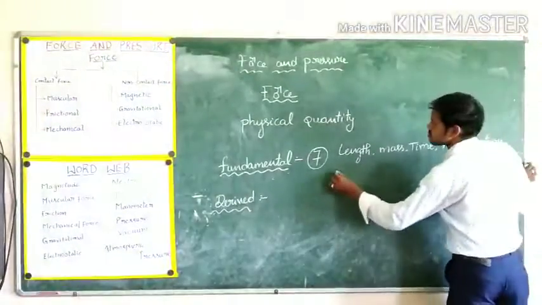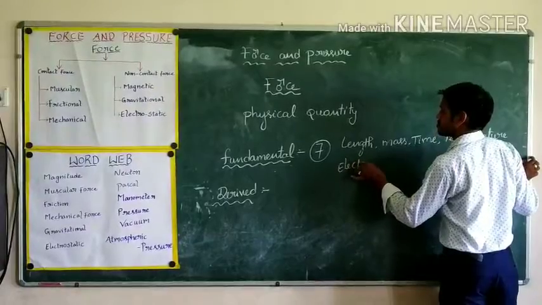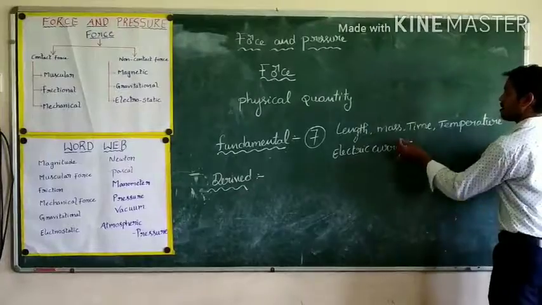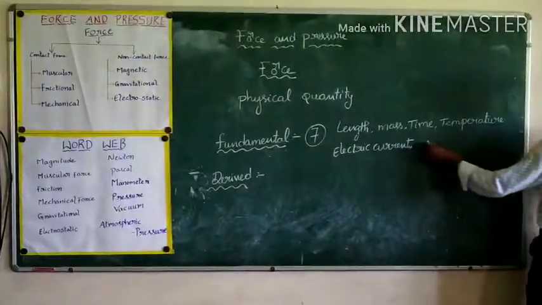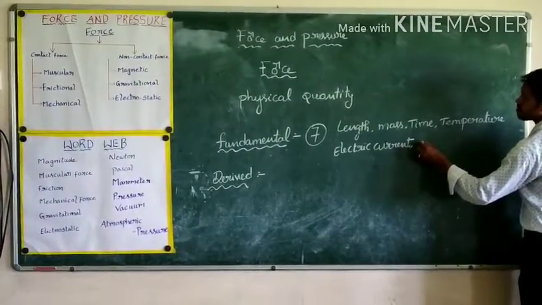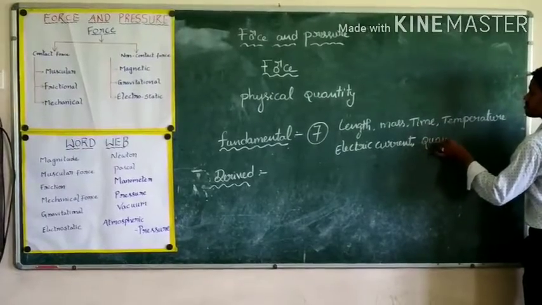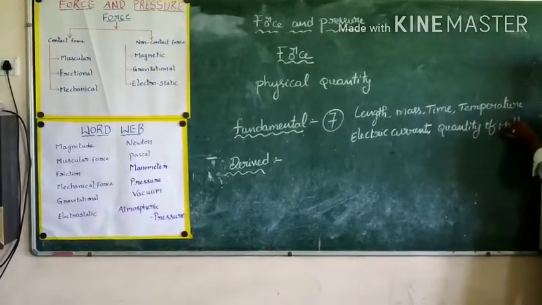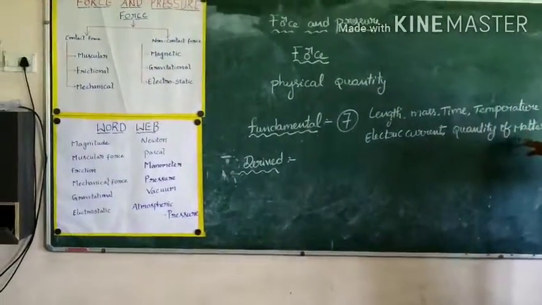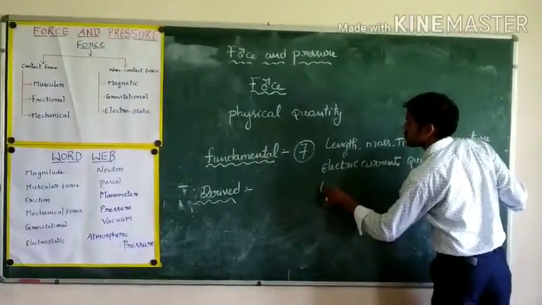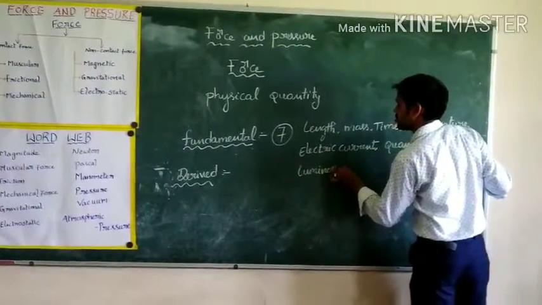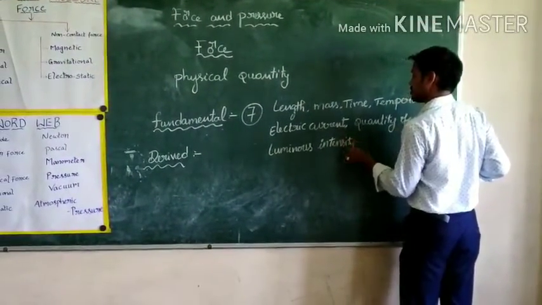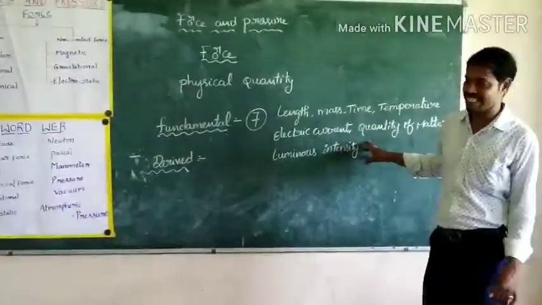Temperature, electric current, quantity of matter, and luminous intensity.